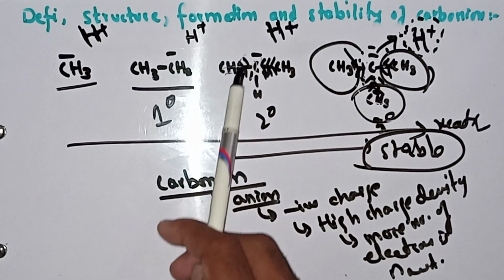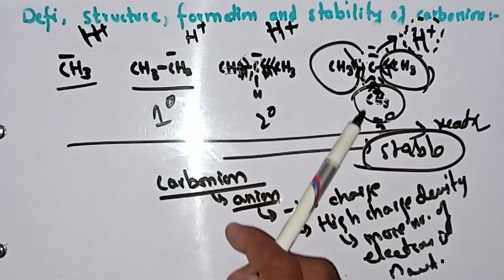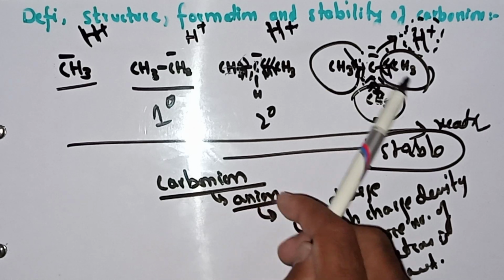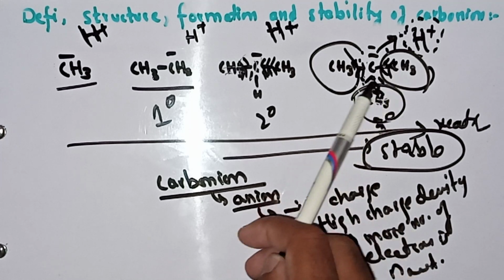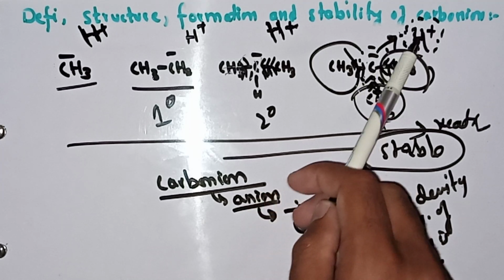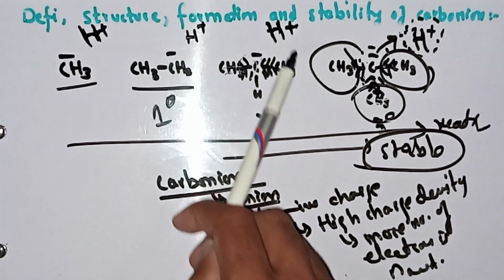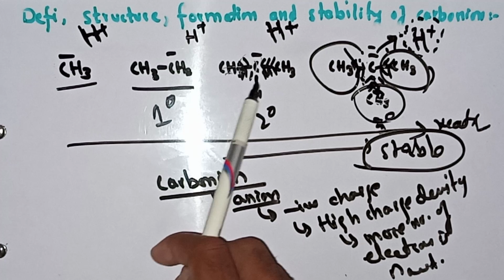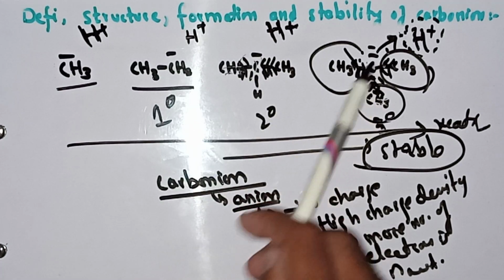So it will show less reactivity towards the electrophile compared to the tertiary carbanion. The tertiary carbanion is very reactive and less stable towards the electrophile, while the secondary carbanion is more stable and less reactive towards the electrophile compared to the tertiary carbanion.